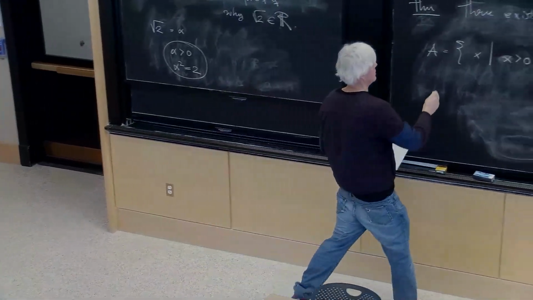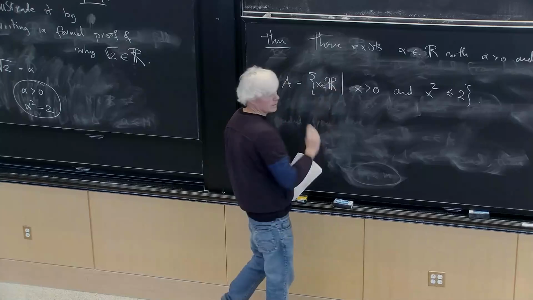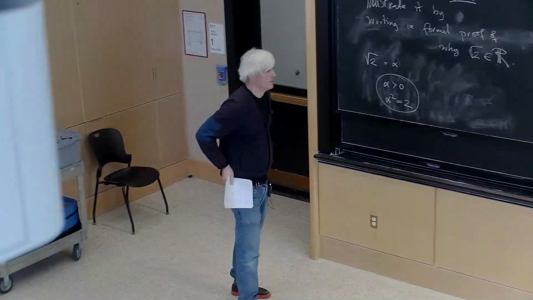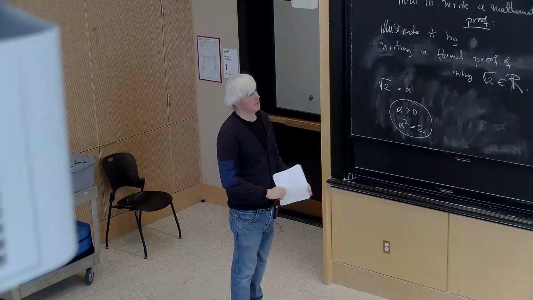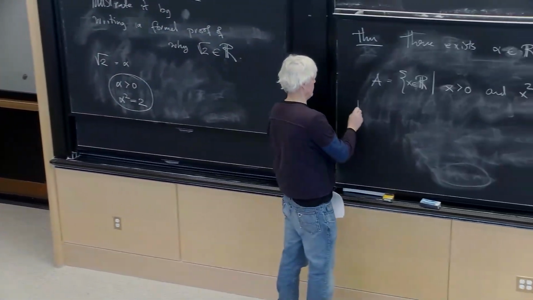So x here, I specialized to the real numbers. That was why I didn't actually write it, but you're right, it certainly can't hurt. Okay, so that's the theorem. And so now we try to write a formal proof.